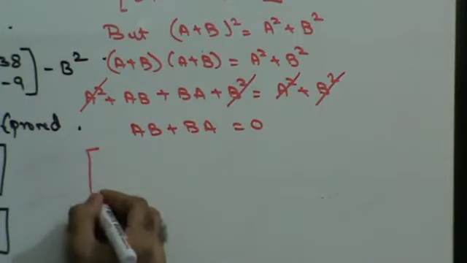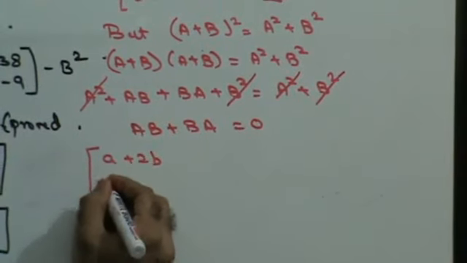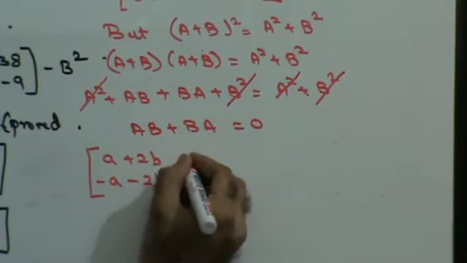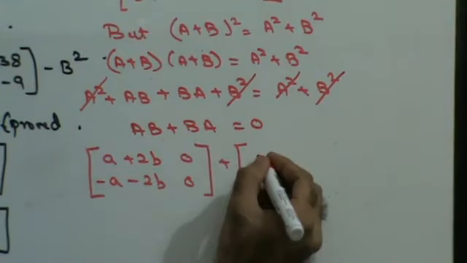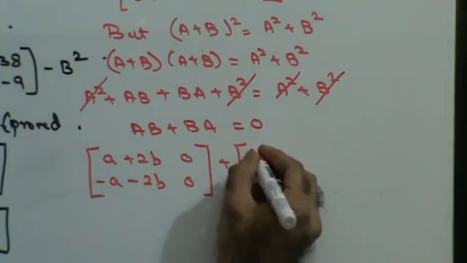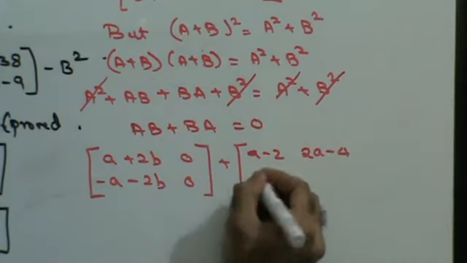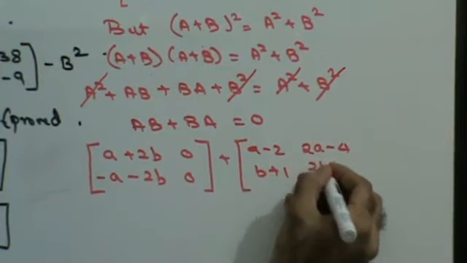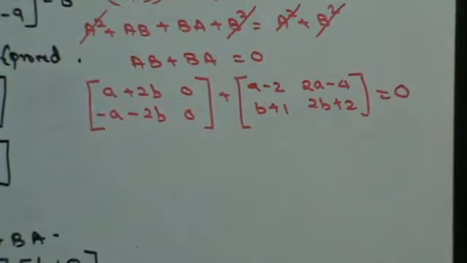But the value of AB you found out is [a plus 2b, 0; minus a minus 2b, 0], plus BA. BA is [a minus 2, 2a minus 4; b plus 1, 2b plus 2], which is 0. Right? Add.